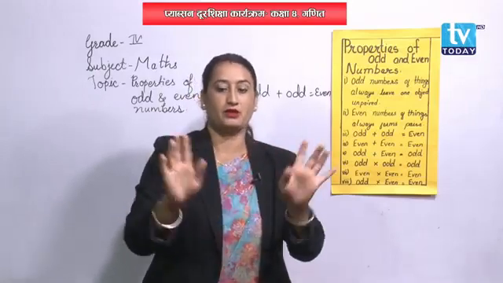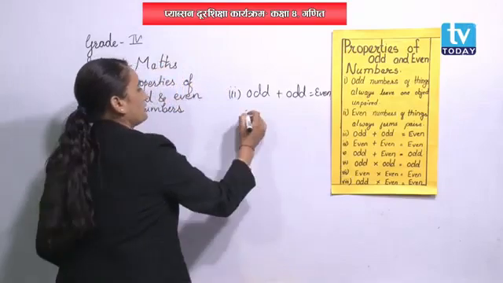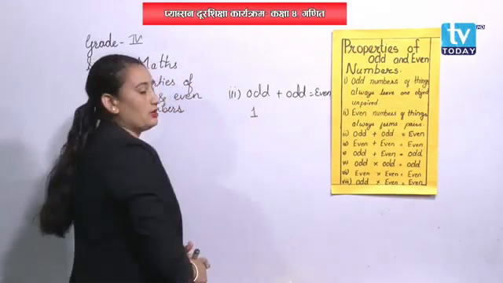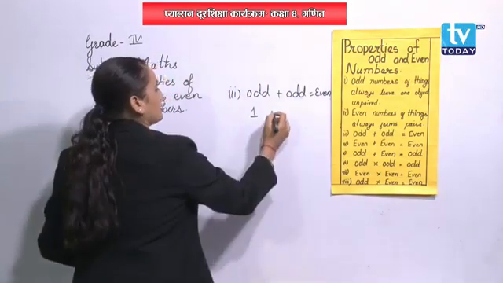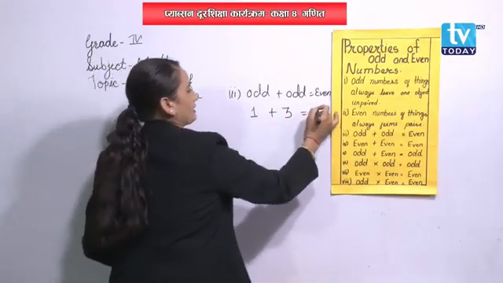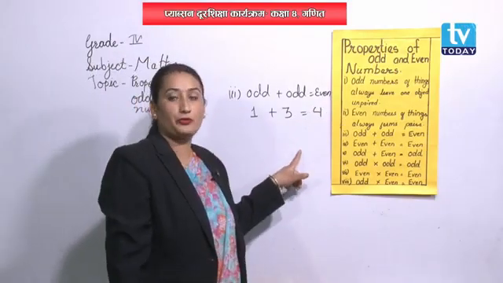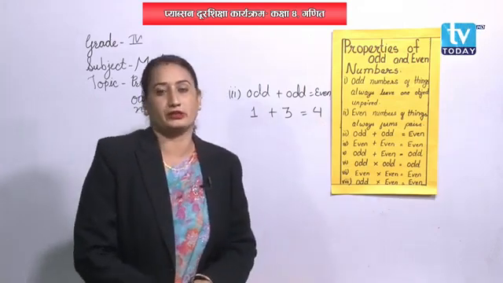Are you getting me? Just like that, 1 is an odd number, right? If I add 1 plus 3, then it becomes 4. That means odd and odd, when we add together, become even.